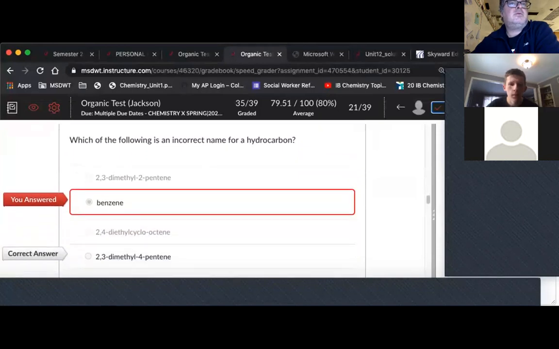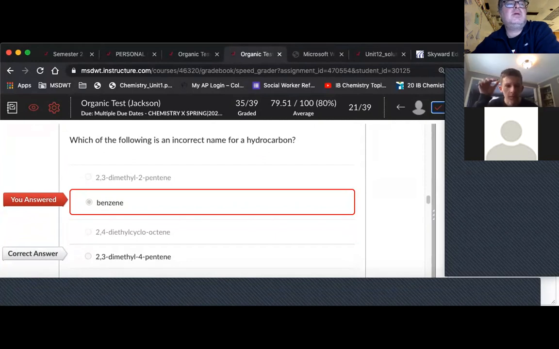Which of the following is an incorrect name for a hydrocarbon? Benzene is a hydrocarbon. 2,3-dimethyl-4-pentene would actually be, you would have this be 2-pentene, and then this would be 3,4, because the ene needs to get the lowest number possible.